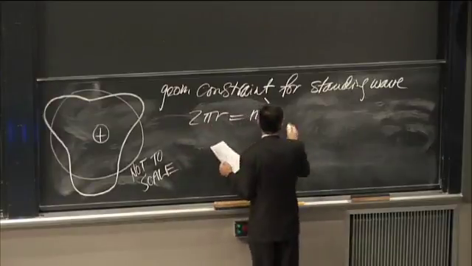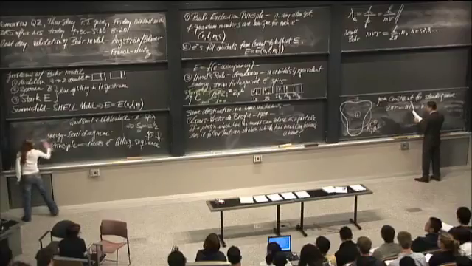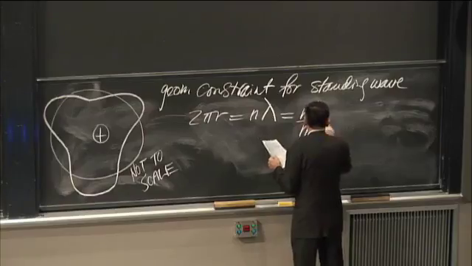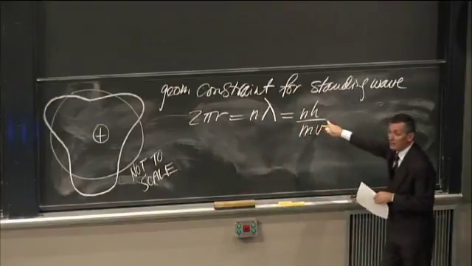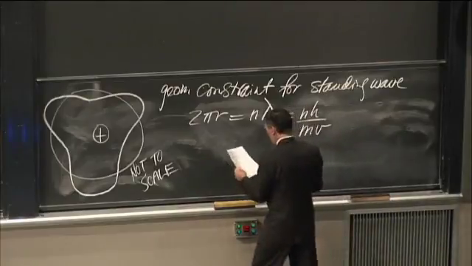But we know that from de Broglie, I can write n lambda as nh over mv. I've just put in de Broglie's definition of the wavelength of an electron, and now I can cross multiply.